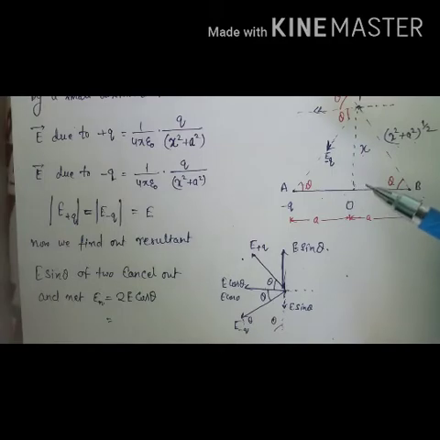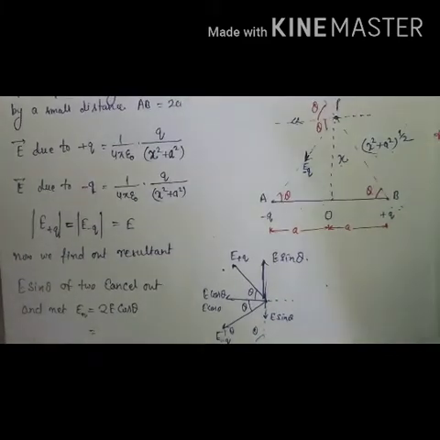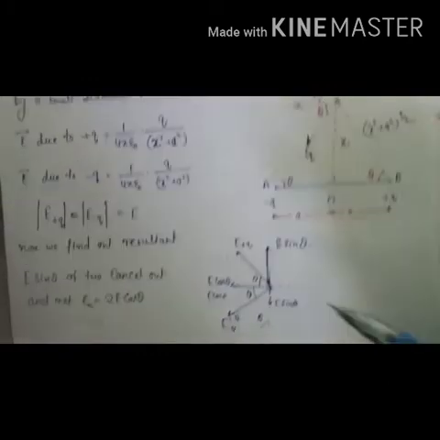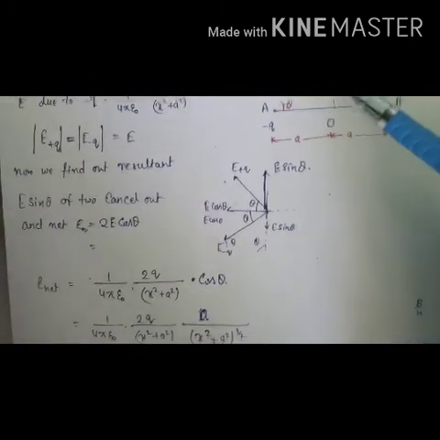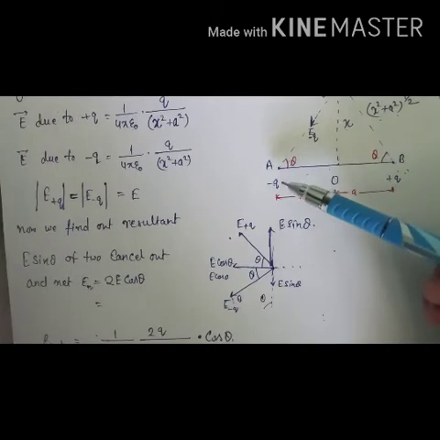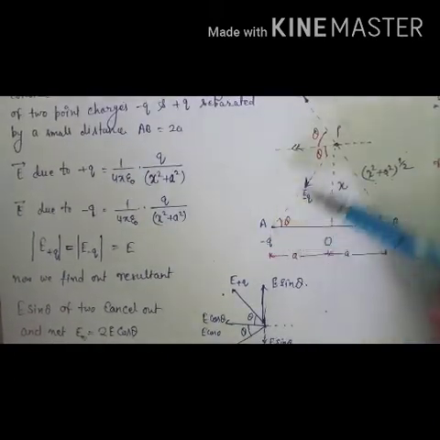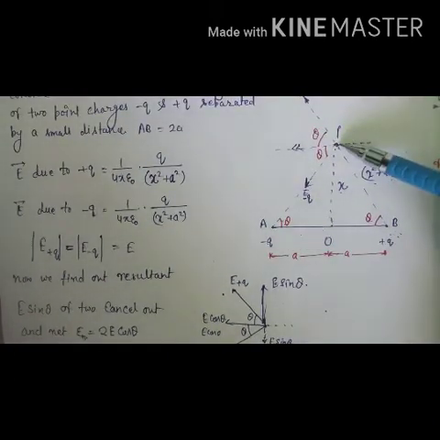Now we find the resultant. We know there are various methods of finding a resultant, and one of them is the parallelogram method. So here we have the electric field due to minus q and the electric field due to plus q.